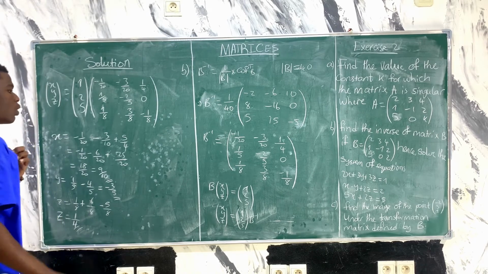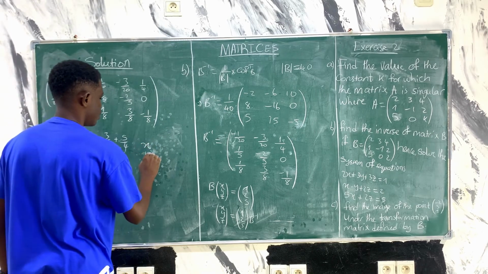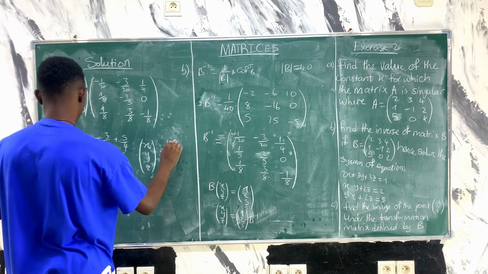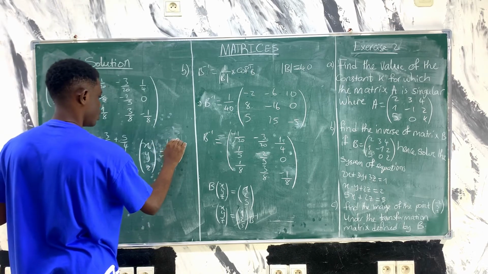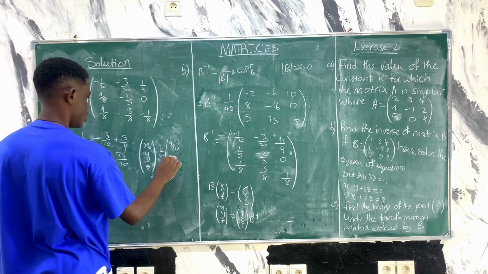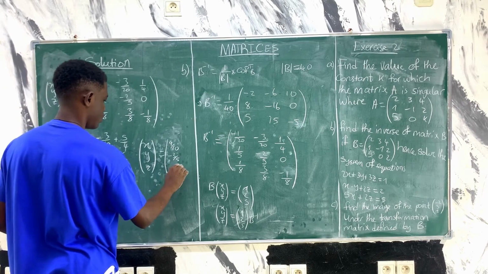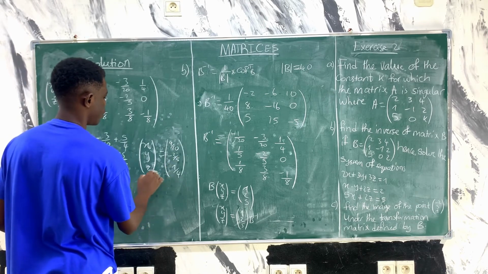So you can actually leave your values like this, or you write x, y, z. Nine on 10, minus 3 on 5, 1 on 4.